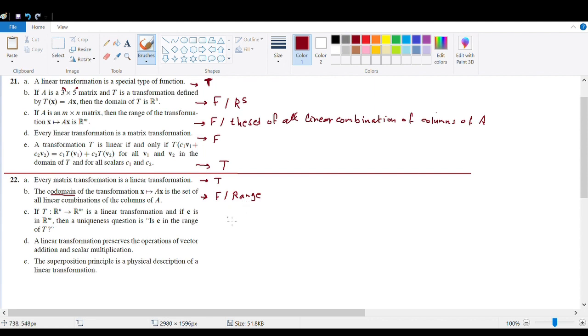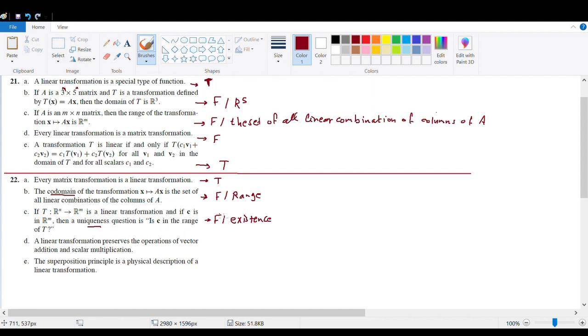Now C: if T from Rn to Rm is a linear transformation, and if c is in Rm, then a uniqueness question is: is c in the range of T? No, this is not uniqueness, this is existence. Because if we ask if c is in the range, this is existence.